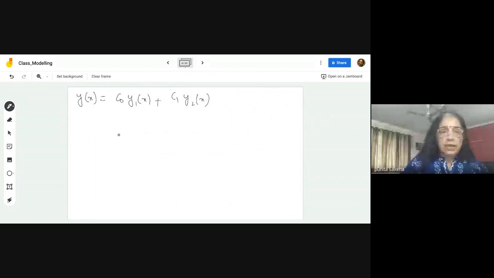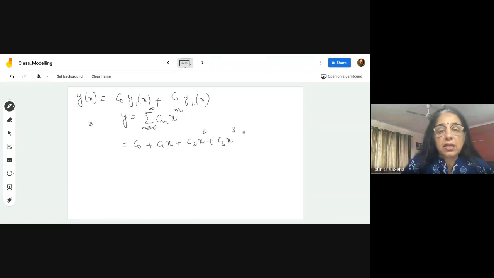That is also clear, right? So basically, if I just write my y(x), what was my series? My series was summation Cm x^m, m from 0 to infinity, which is nothing but C0 plus C1x plus C2x square plus C3x cube, and so on and so forth. This was my series, right?